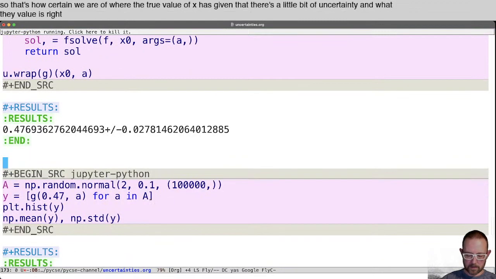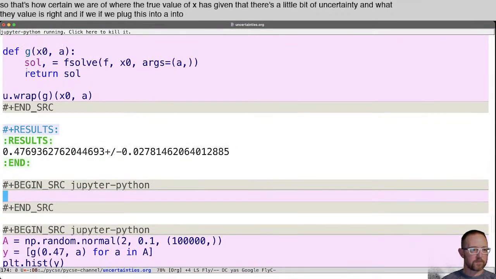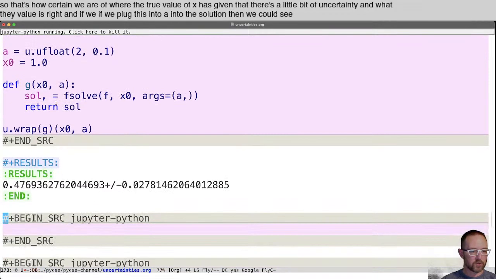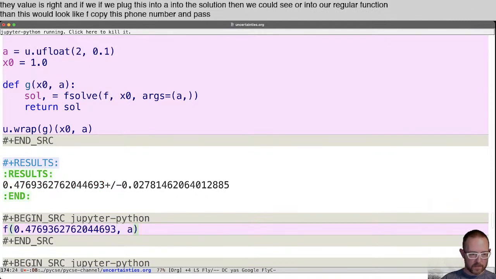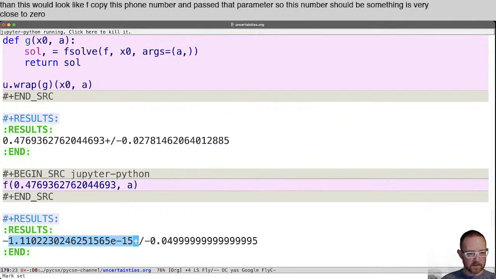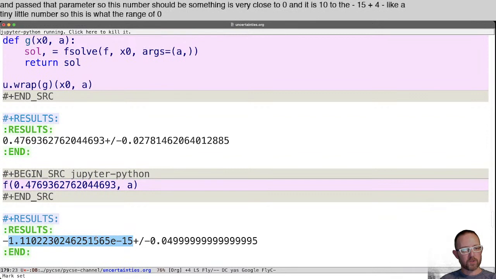And if we plug this into our regular function f, I'll just copy this whole number and pass that parameter. So this number should be something that's very close to 0. And it is, 10 to the minus 15 plus or minus a tiny little number. So this is what the range of 0 actually comes out to be.